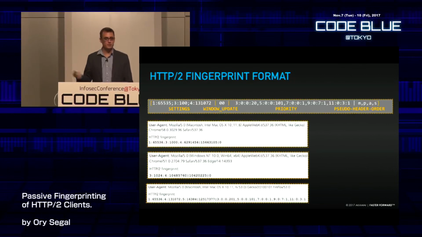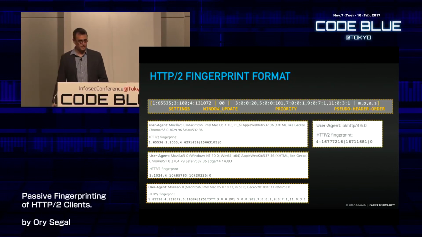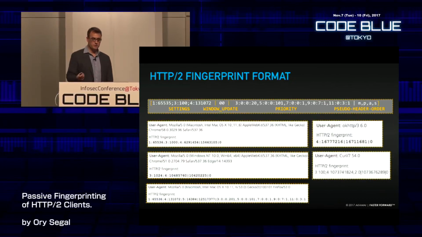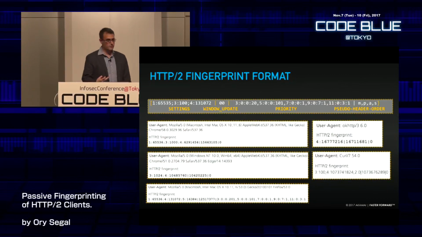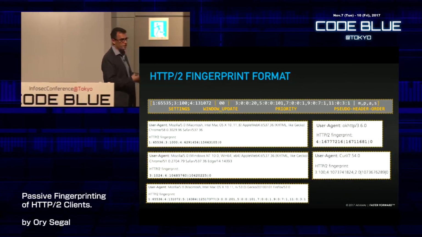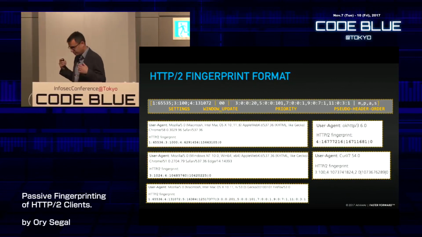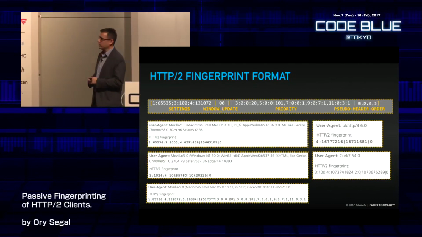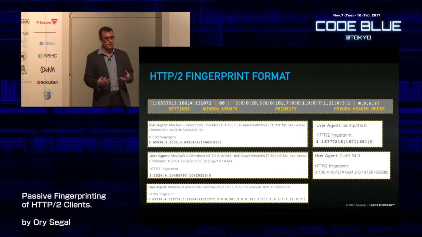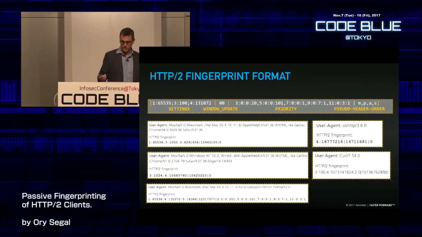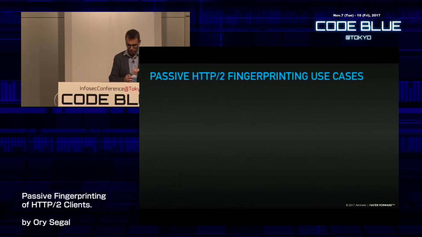Again, different fingerprint, so this is going well. OkHttp, that's a library, very popular with Java developers. Again, unique fingerprint. And curl, again, unique fingerprint. And this goes on and on. I couldn't obviously fit all of these. However, each client has a very unique and very distinct fingerprint that you can passively use for doing stuff. We'll talk about what stuff is in a second.